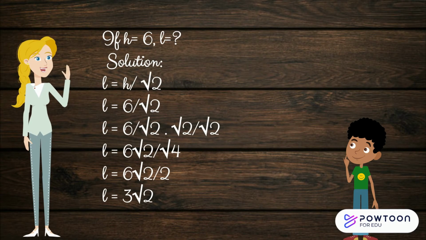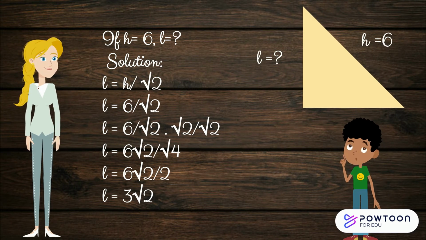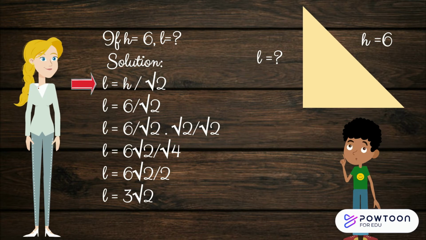For example, given the hypotenuse of the triangle shown in the figure, solve for the length of its leg. We have the solution shown. If the length of the hypotenuse is 6, solve for the leg. Solution: leg equals hypotenuse divided by square root of 2.